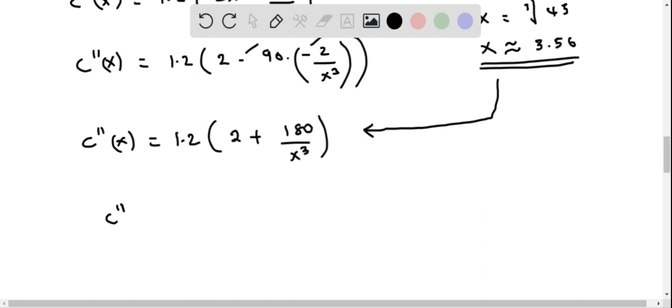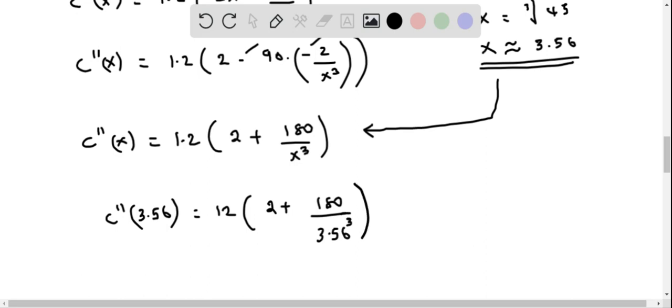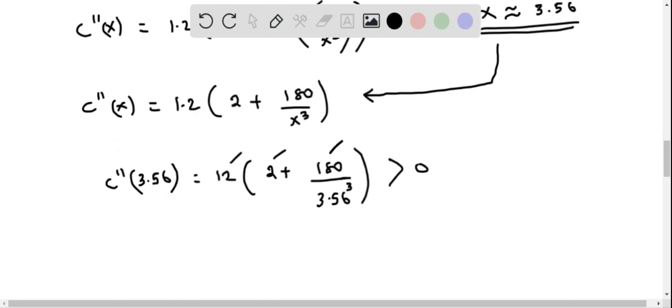That is c double prime of 3.56 equals 1.2 times 2 plus 180 divided by 3.56 cubed, and this quantity is greater than 0. We do not have to calculate the exact numerical value. This one is positive and this 2 is positive, and we are adding it with another positive number. So overall the second derivative is going to be positive when we plug in x equal to 3.56.